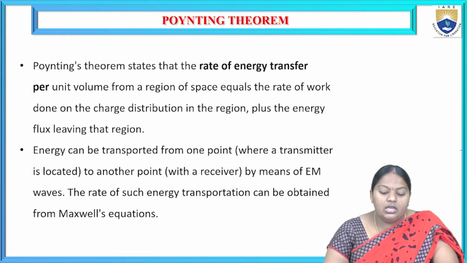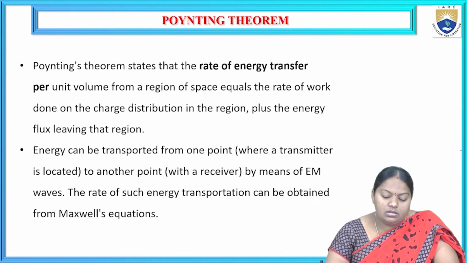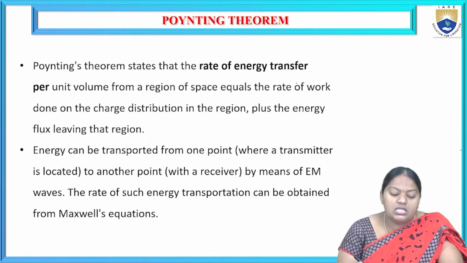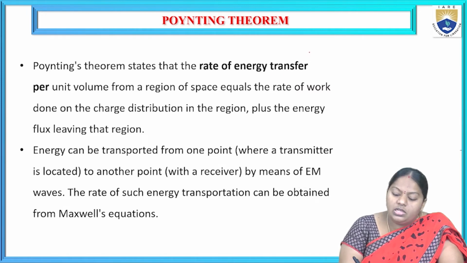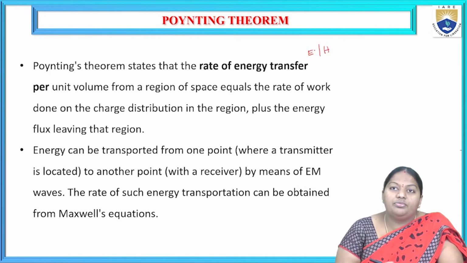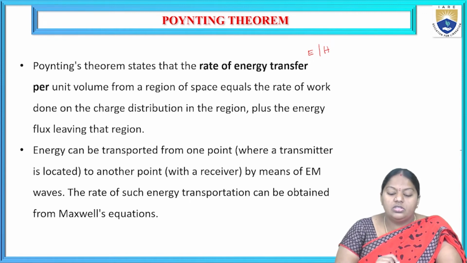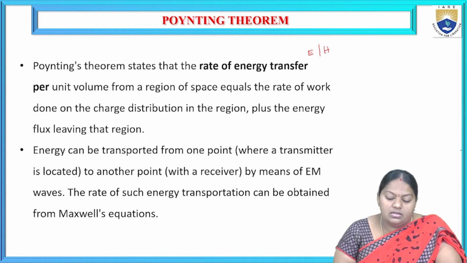So, to derive the mathematical equation for the Poynting theorem, let me first state it. Poynting's theorem states that the rate of energy transfer per unit volume, meaning the energy stored in the electric fields as well as the magnetic fields, both we are supposed to consider, from a region of space equals the rate of work done on the charge distribution in the region plus the energy flux leaving that region.